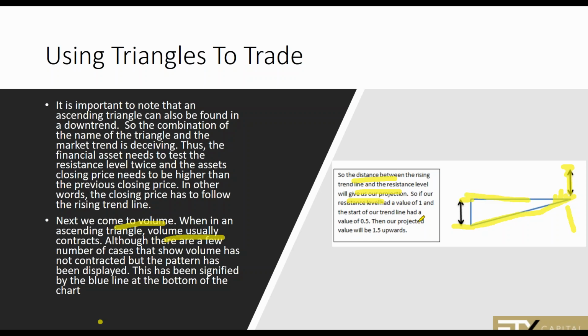So if our resistance level had a value of 1 and our trend line had a value of 0.5, then our upward value would be 1.5. So we would expect it to come out 1.5 times the distance between the resistance and the support line when it gathered that momentum to break out.